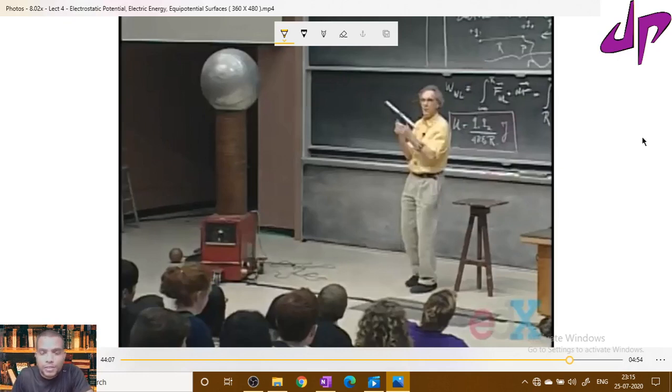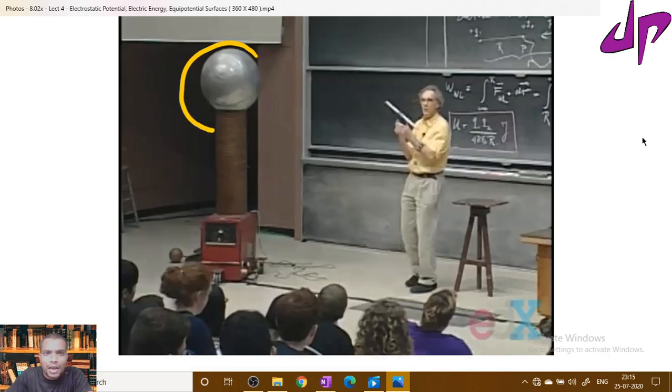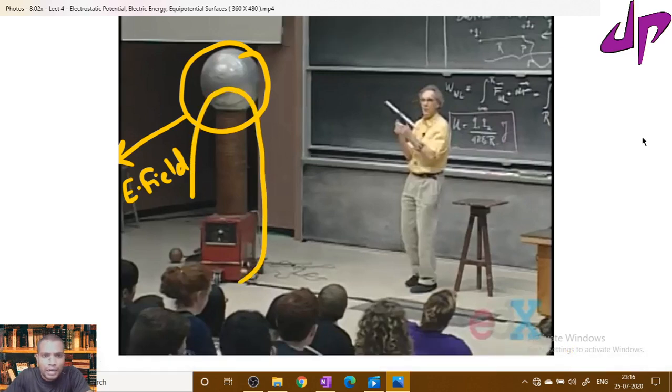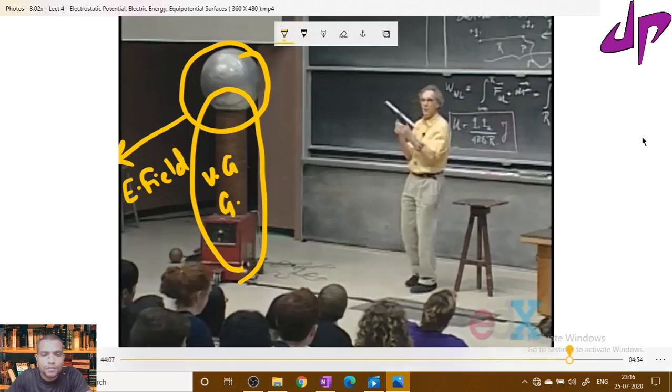Here Professor Walter Lewin is giving a demonstration in his class of the same concept, electric potential difference. He is using this as the source of the electric field. This entire setup we name the Van de Graaff generator, and it creates electric fields.